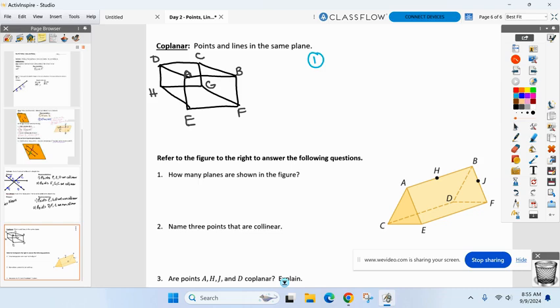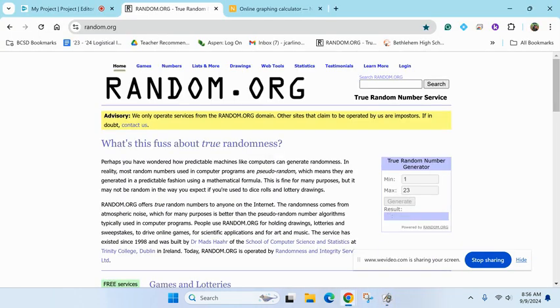So let's start with points that would be coplanar. You just told me how many planes are up there? 6. So I want all of you to focus on one of those 6 planes and give me 3 letters from your plane right now, because those are coplanar. Here we go.